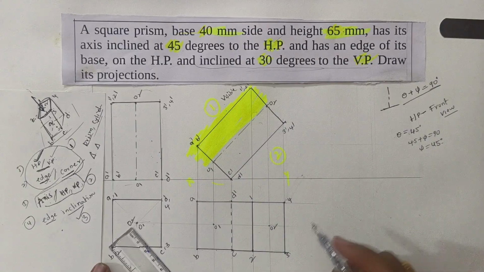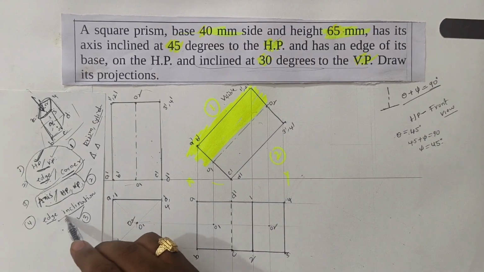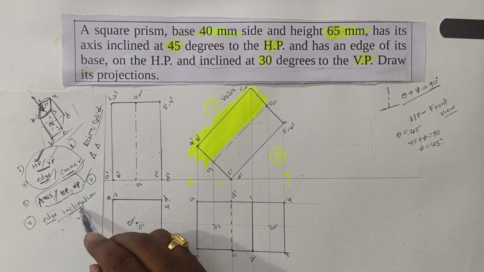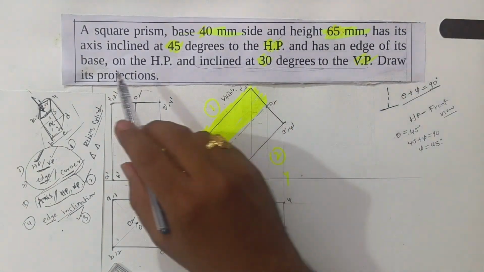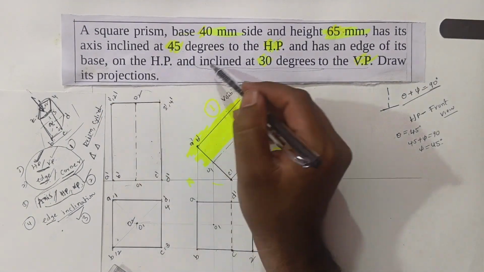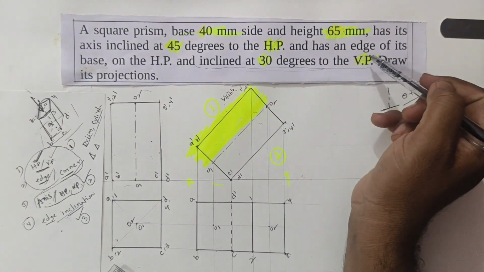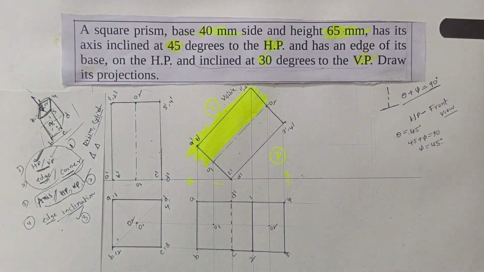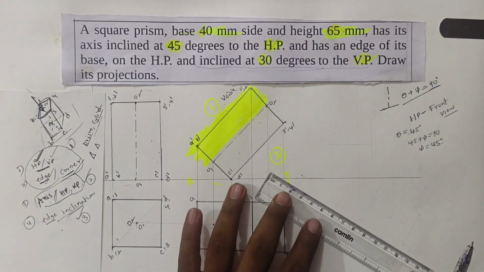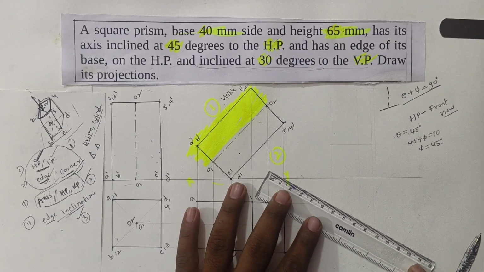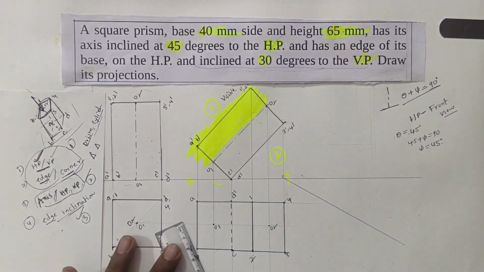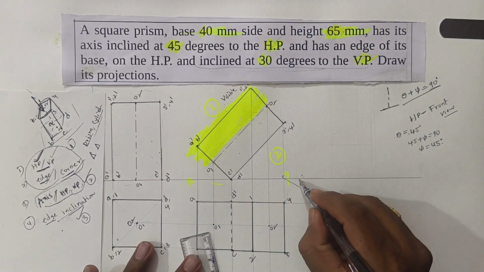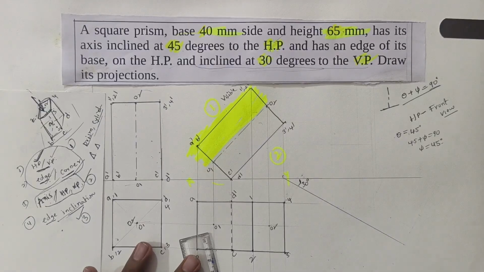Now in the third stage, edge inclination. I have to represent the edge on its base on the HP and inclined at 30 degrees to the VP. Let's draw a line at an angle of 30 degrees.